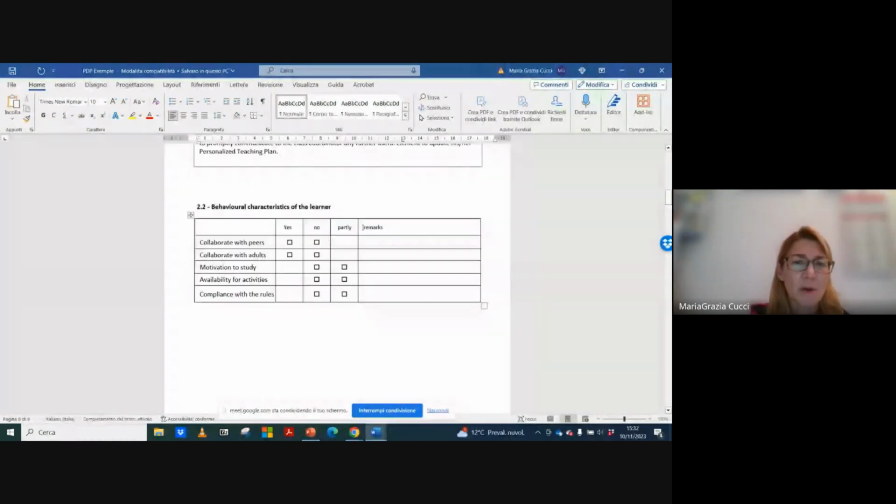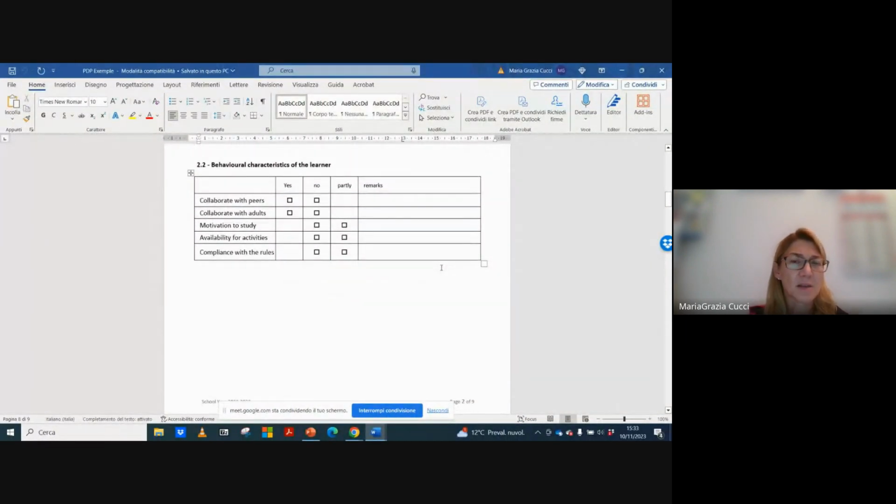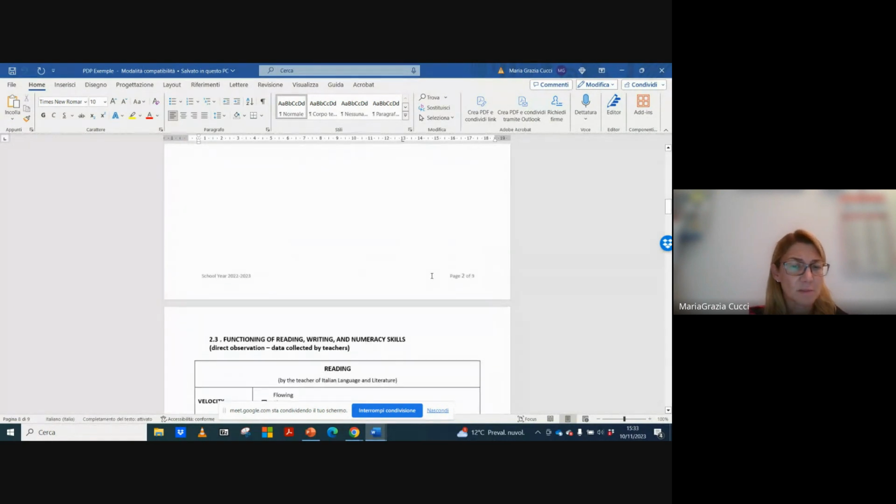There are no marks on each of these situations: collaborate with peers, collaborate with adults, motivation to study, availability for activities, compliance with the rules. And you can say yes, no, partly, and write some notes.